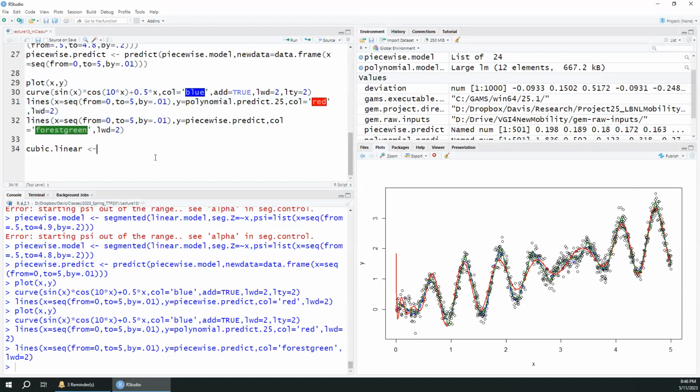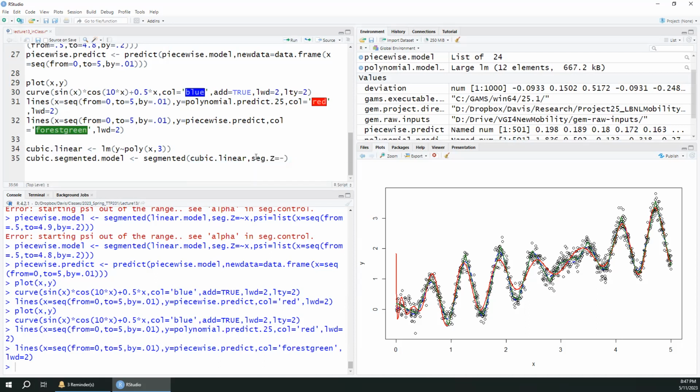Okay. So let's go ahead and build back up in the same way as we discussed in the notes. So here I'm going to run not a spline, but first I'm going to run our cubic linear model, and then I'm going to do the segmented regression on that.